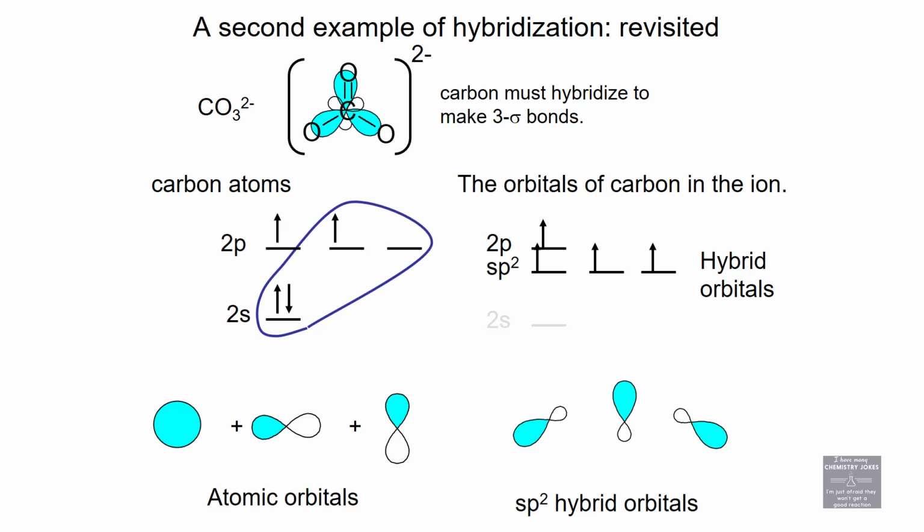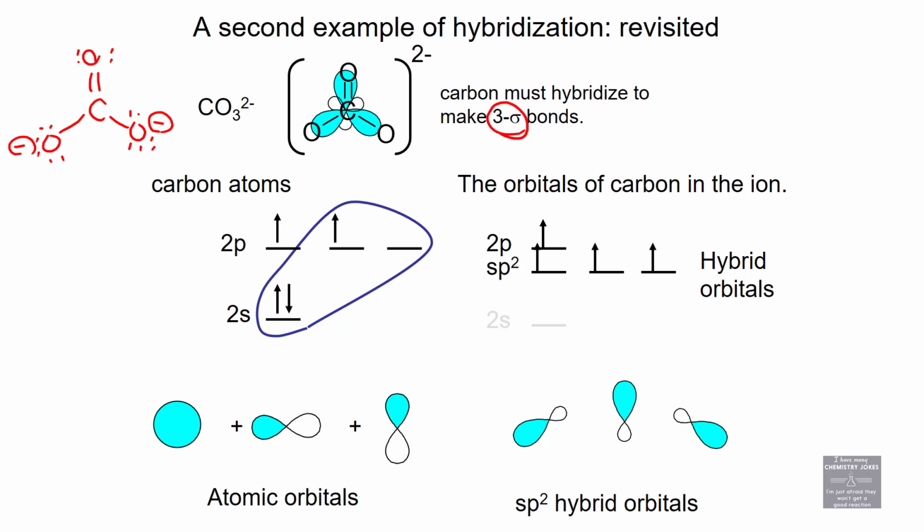But before we move along, if we're talking about something that's sp2, this CO3 2-, without all those colorful pictures around it, looks like this. It's carbonate. Carbonate has this kind of Lewis structure. We need to make 3 sigma bonds, because there are 3 oxygens around that central carbon.